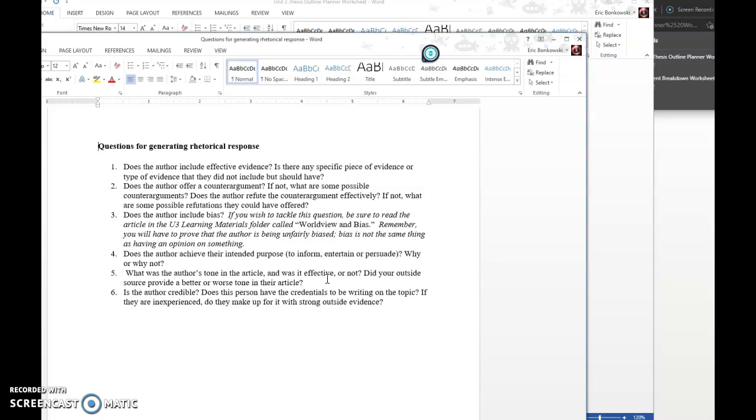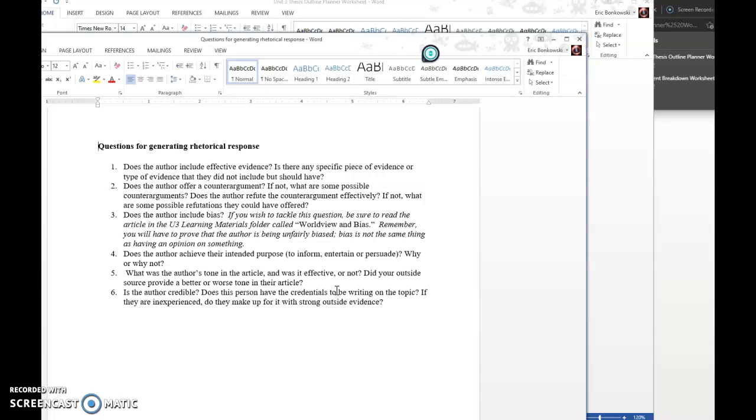But this question, you could compare the two to figure out whether or not your original article did a good job with tone. So let's say you think yes, that the tone of the article that you selected from the 3 options was actually really accessible and easy to read, whereas the one that you found on EBSCOhost was entirely too academic and hard for the average person to understand. You can then respond with something like, the author's tone in the article was perfect for a group of people who are parents who want to be informed about working conditions.